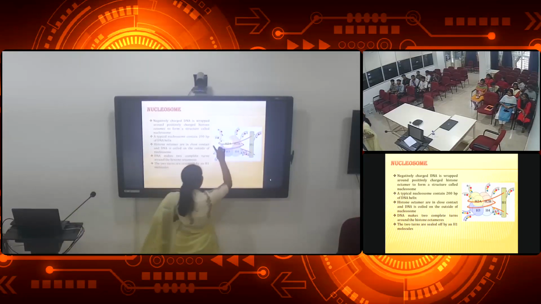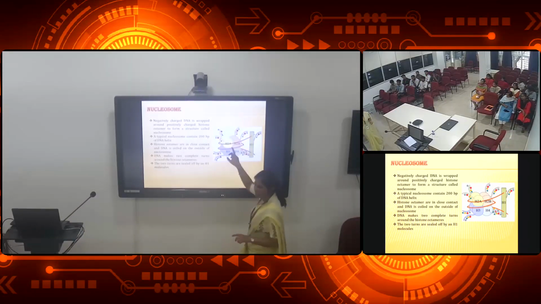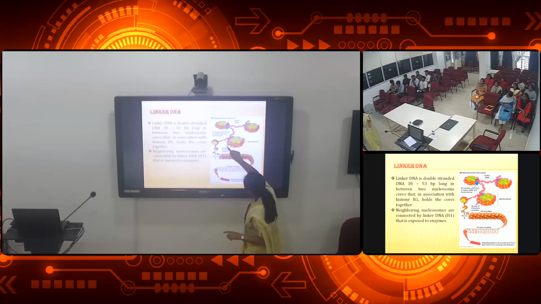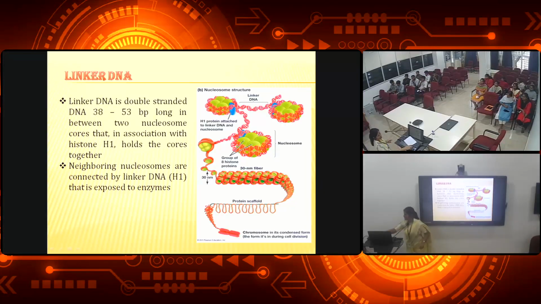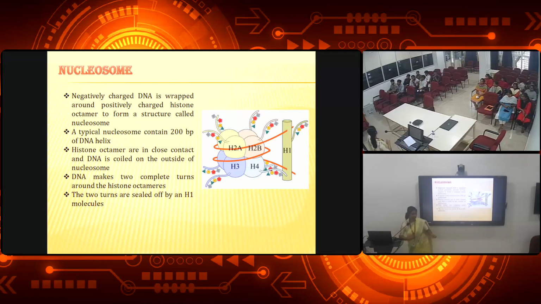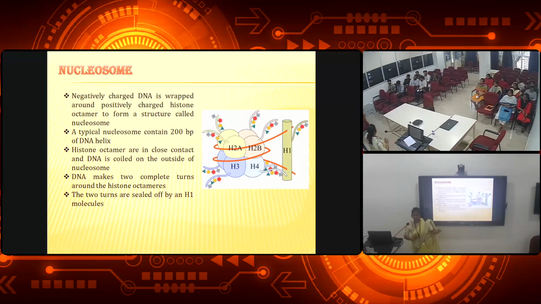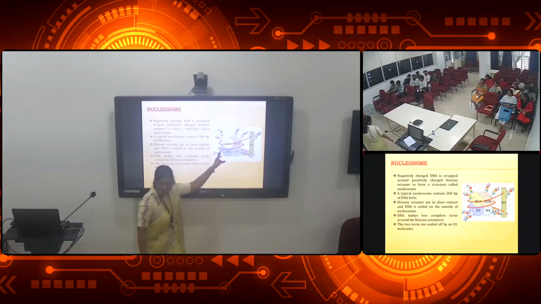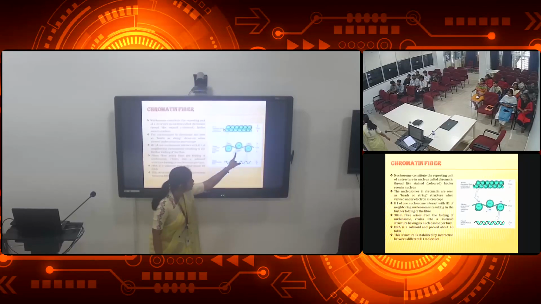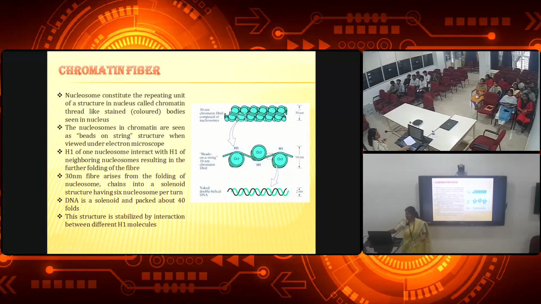Okay, so this is the octamer. H4 protein is present.